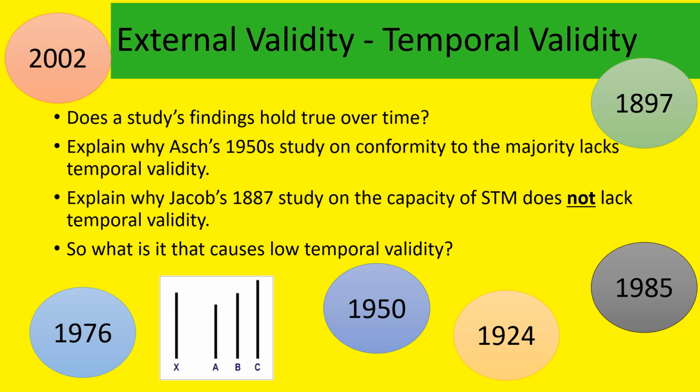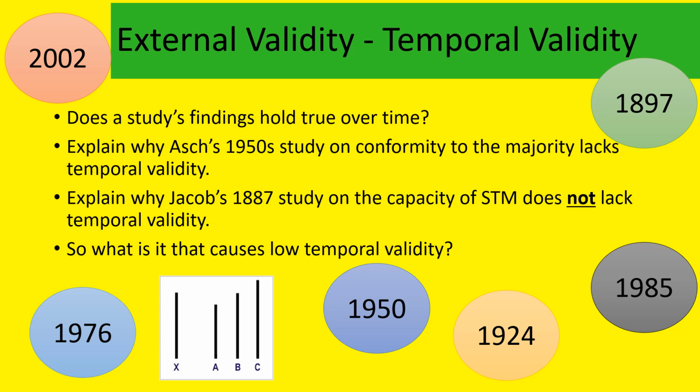However, when you think about Asch's study, which was done in 1950s America, what was going on politically at that time with McCarthyism? So the political figure Joseph McCarthy, who went around accusing everybody of being communist, it was such a kind of frightening time where people didn't want to stand out, people didn't want to look different, people wanted to fit in.